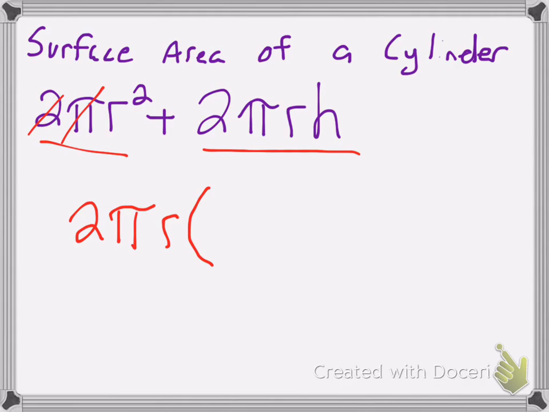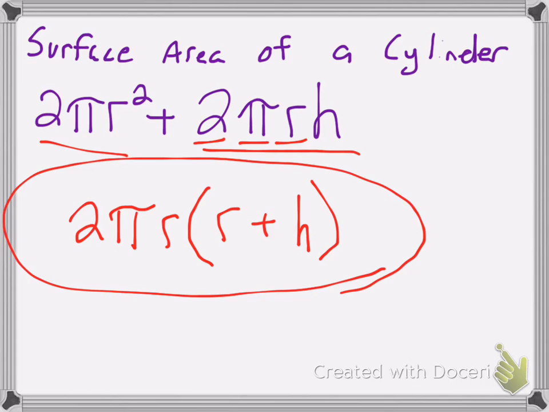I only took one of these. That means there's one left. Okay? I'm just using some basic algebra to factor. Plus, I factored the 2, I factored the pi, I factored the r. All I have is h. So this would be the formula. That's even easier than the other formula.